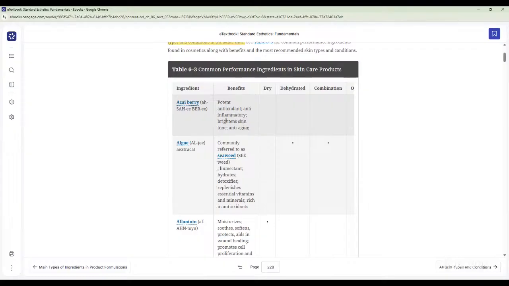When I hear the benefits of the berry, and it's potent, it tells me it's highly concentrated, doesn't take a lot. It's an antioxidant and anti-inflammatory. This will be great for sensitive skin. It brightens skin tone.